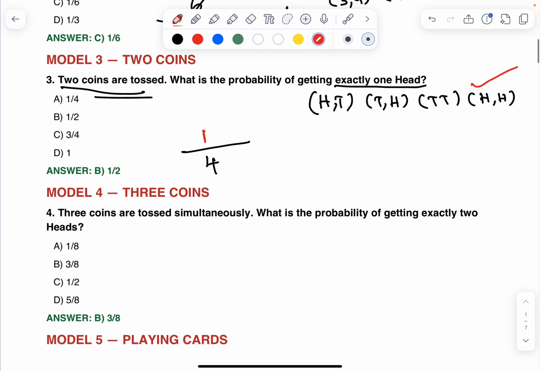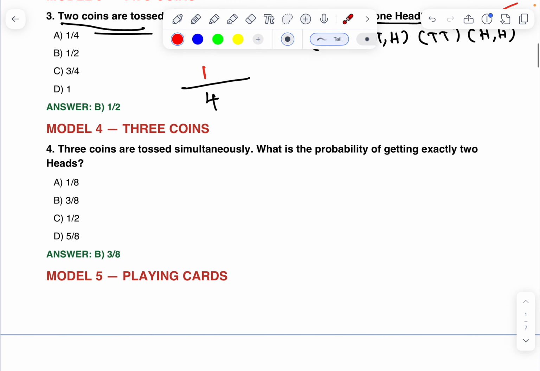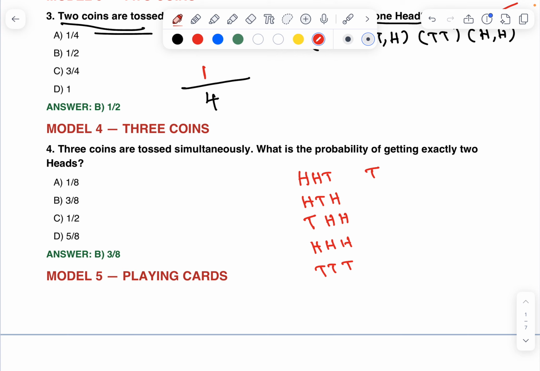Next question. Three coins are tossed simultaneously. What is the probability of getting exactly two heads? Exactly two heads. Head, tail, head, tail, head, tail, head, tail, tail, head, tail.